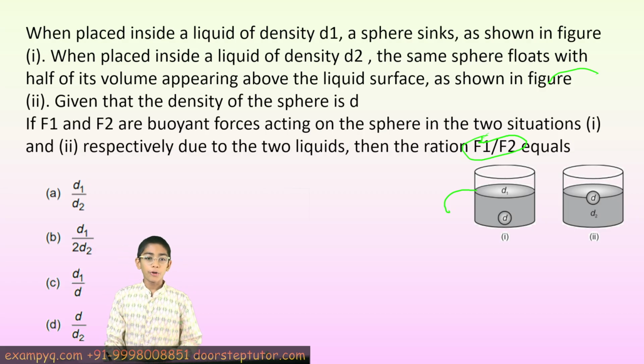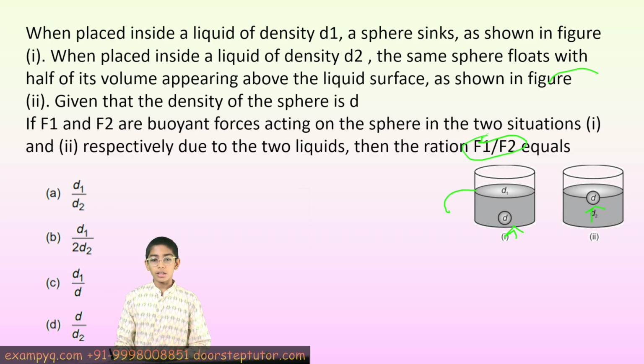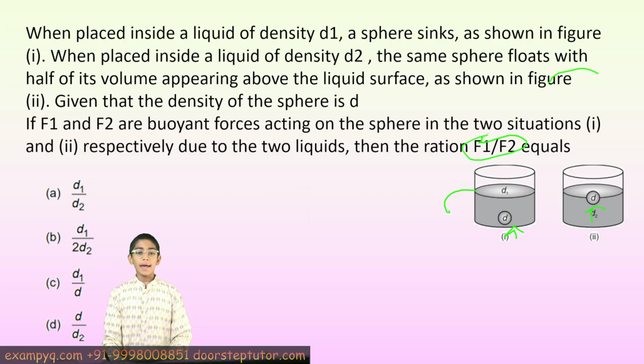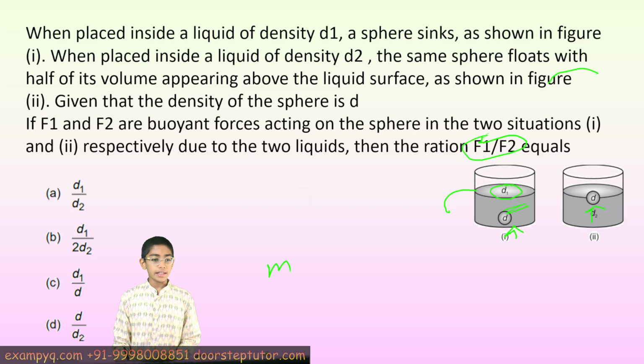Now, the force which the liquid provides is equal to the weight of the liquid displaced, by Archimedes' principle. So the weight of the liquid displaced in the first diagram is equal to... density is equal to mass upon volume.